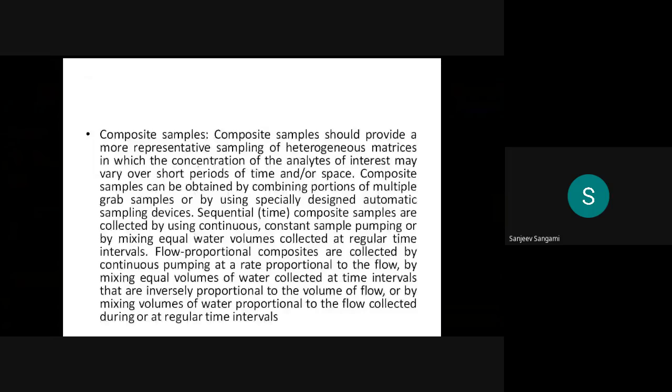Composite samples should provide more representative samples of heterogeneous matrices in which the concentration of analytes of interest may vary over a short period of time or space. A composite sample can be obtained by combining portions of multiple grab samples or using specially designed automatic sampling devices. Composite sampling is very simple.